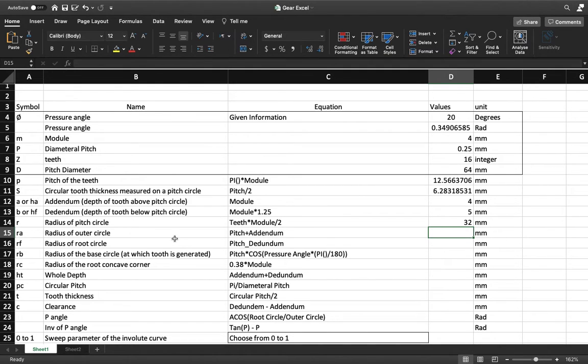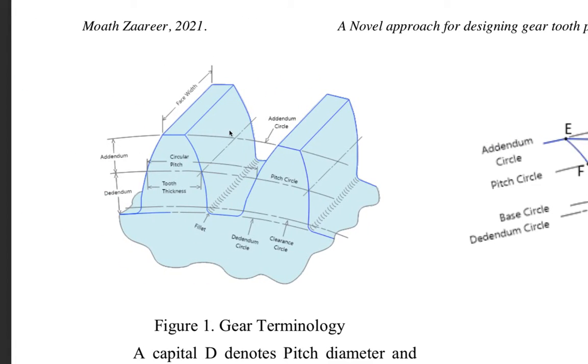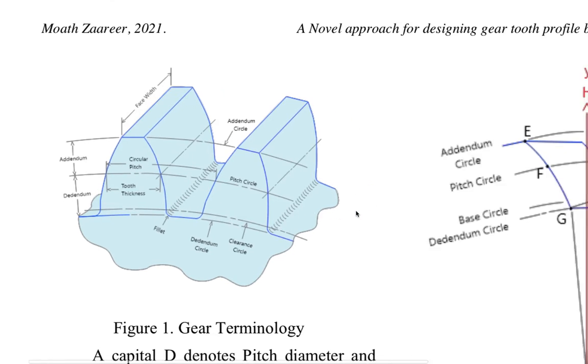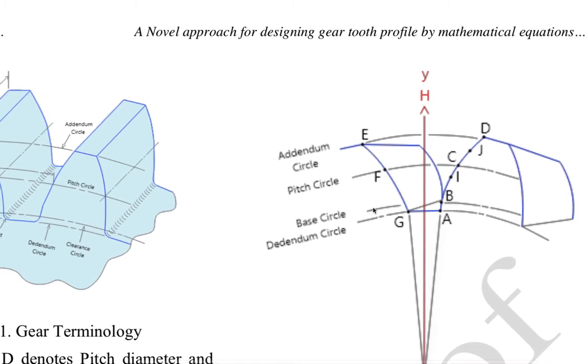Radius of the outer circle, as you know, we have the outer circle, addendum, radius, pitch, and dedendum. But another very important one is called the base circle, which is sometimes below the dedendum, sometimes above. When it's below, just use the dedendum as a reference.